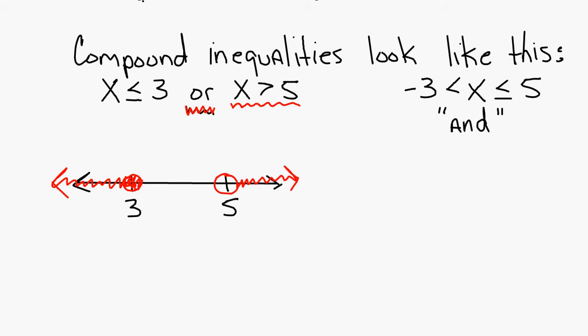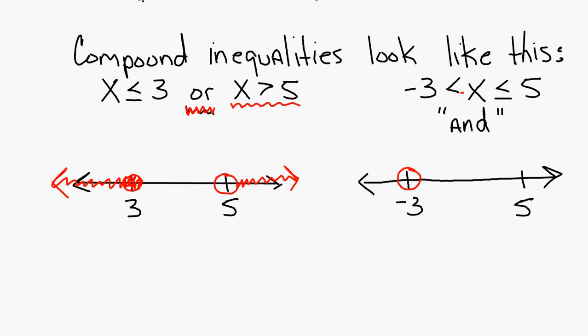In this second compound inequality, the AND inequality, on the number line, you would graph the negative 3 and the 5. Now, on the negative 3, it's just a less than symbol, so it's an open circle.